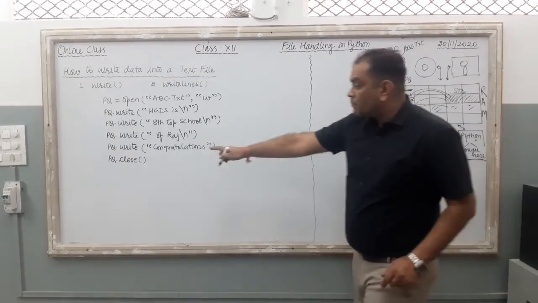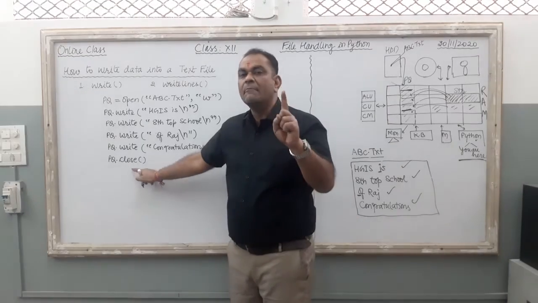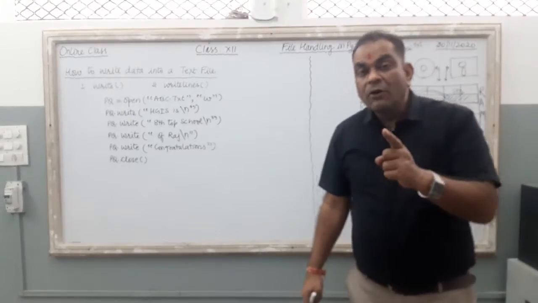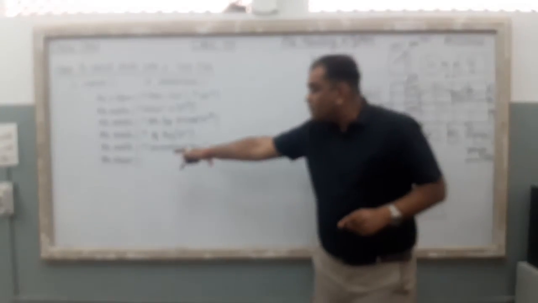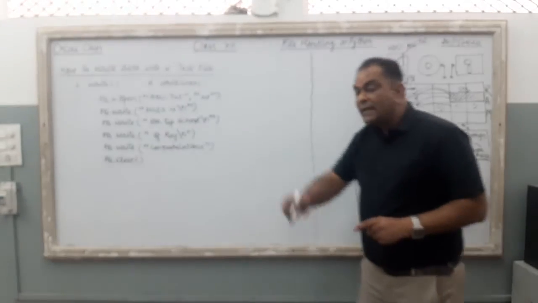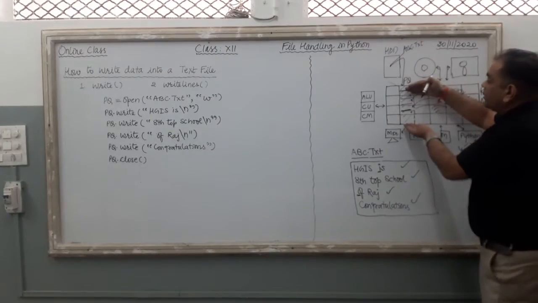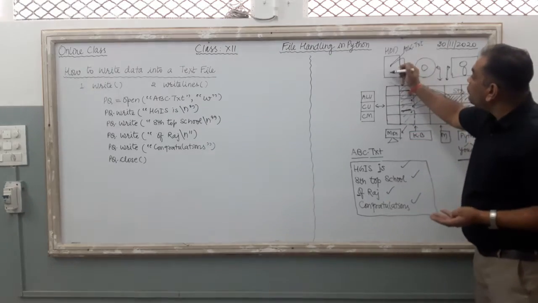Now when you supply the close command pq dot close, it is the very important command if you want to write something in your file, right? When you use pq dot close, at that time only, when you supply the close command, computer is going to write the whole data that is there inside the file object into your file.